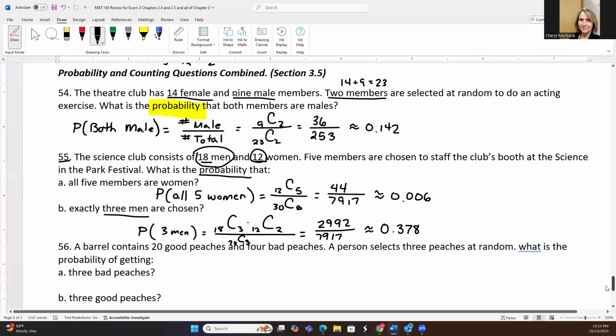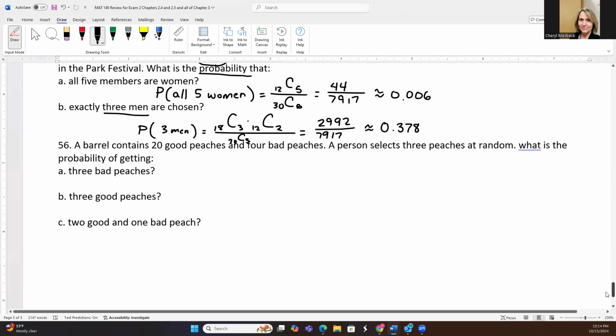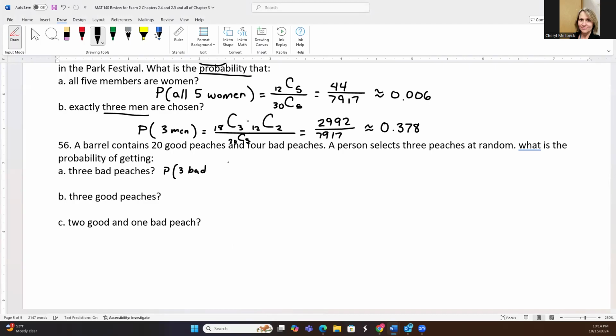In 56, we see that it says, a barrel contains 20 good peaches and 4 bad peaches. A person selects 3 peaches at random. What is the probability? So once again, it's probability of 3 bad. So order does not matter in these instances.